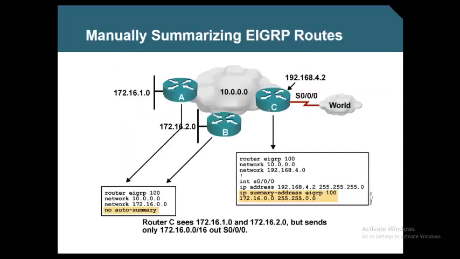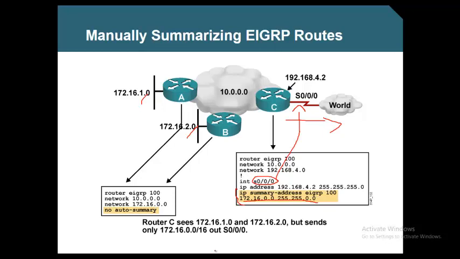For example, if you take this picture here, you are using the summary address only on this interface. When it is advertised in this direction, it will be advertised as /16. On the other interfaces, it will be /24.